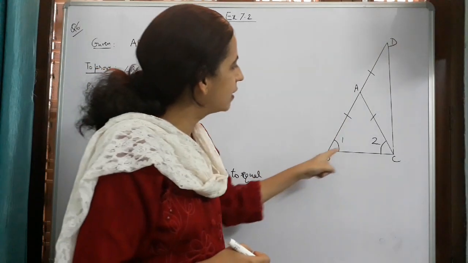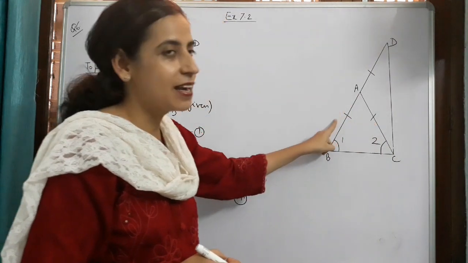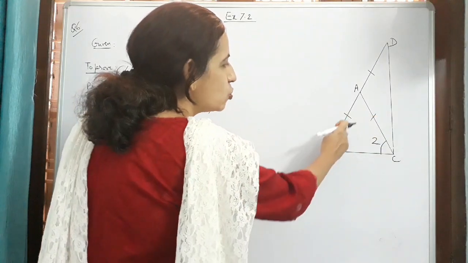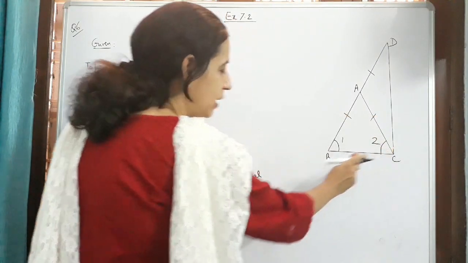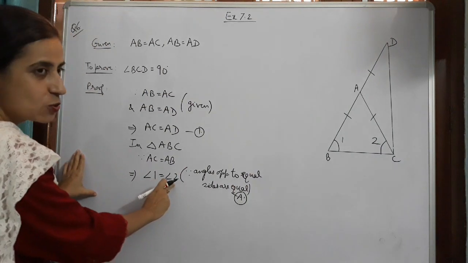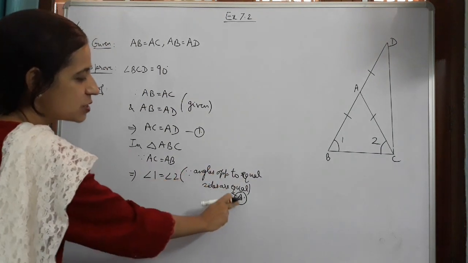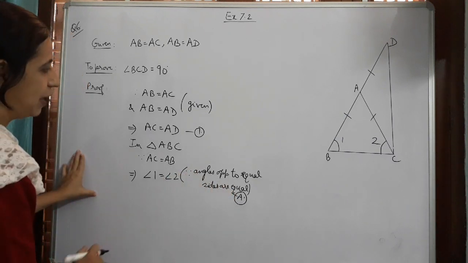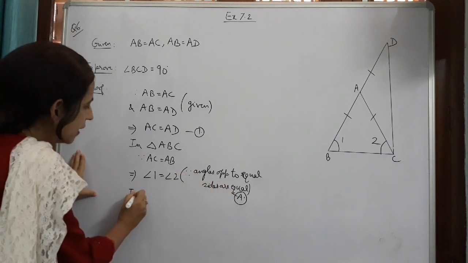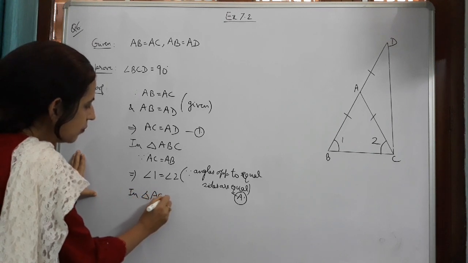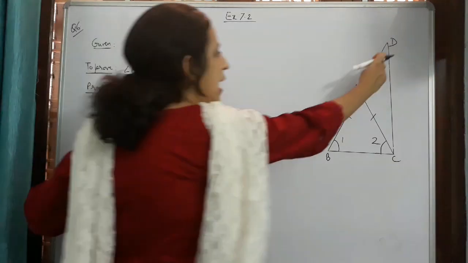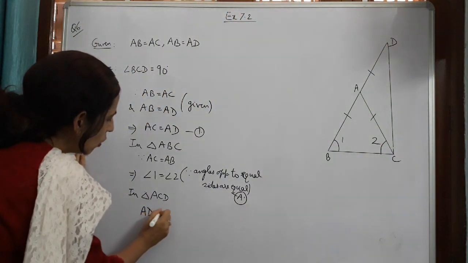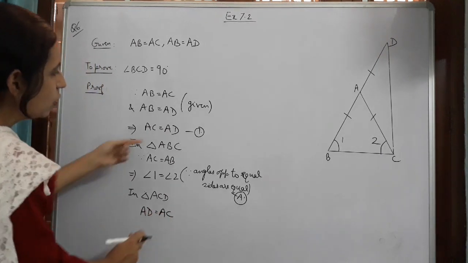Now in triangle ABC, AC is equal to AB. So definitely the angles opposite to equal sides will also be equal. So angle 1 is equal to angle 2, since angles opposite to equal sides are equal, and let this be property A. Now we take triangle ACD. In this triangle ACD, we have AD is equal to AC. Why AD equal to AC?